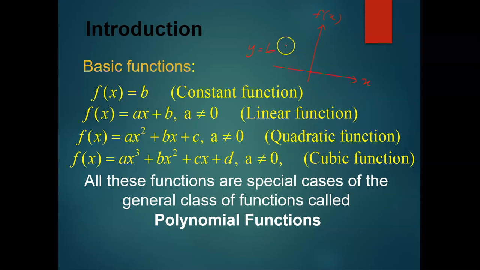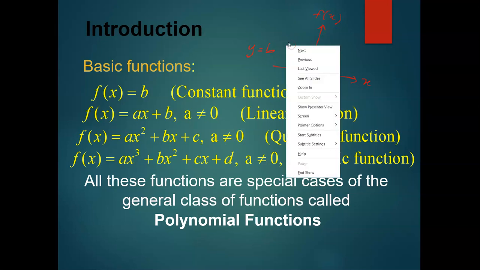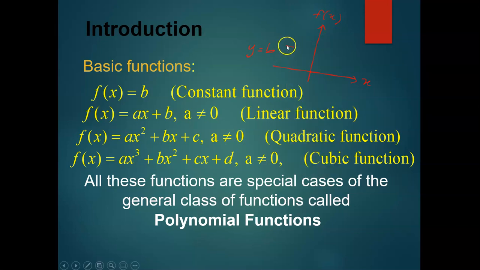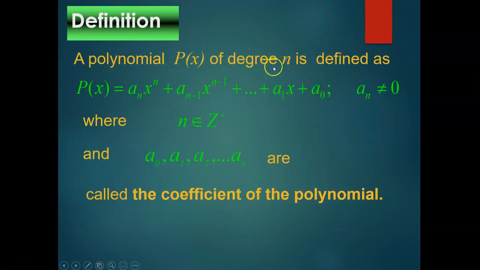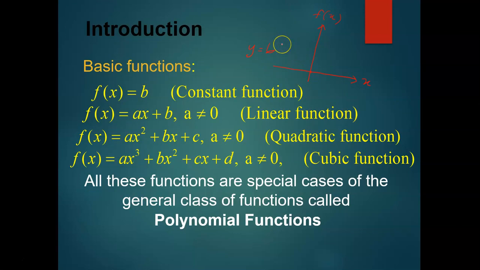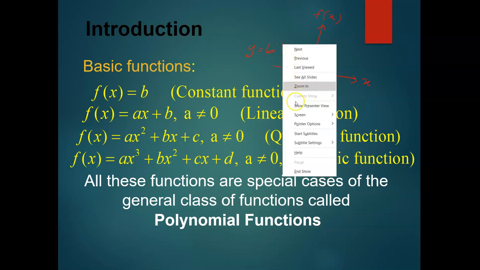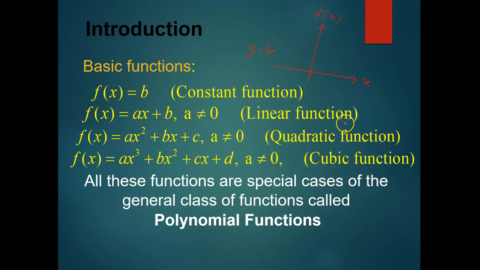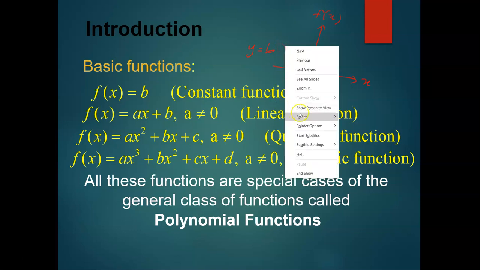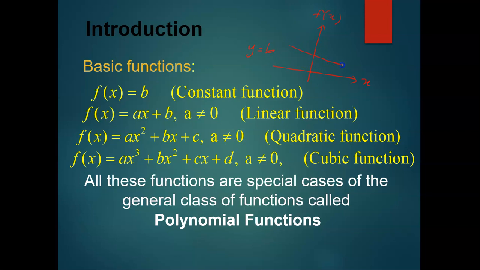So f(x) now equals b. So this will be a horizontal line.